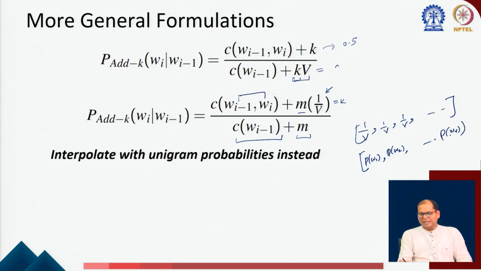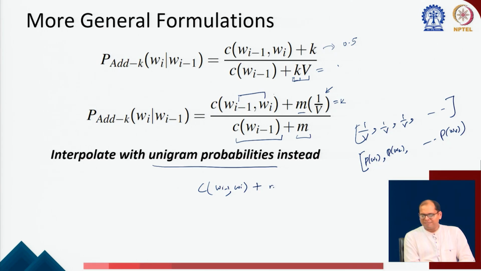So that is where I get the idea of interpolation. Instead of doing that, I can interpolate with the unigram probabilities. So I can express it as count of w_{i-1} w_i plus m times probability of w_i, divided by count of w_{i-1} plus m. That is called interpolation. You are interpolating the bigram with the unigram.